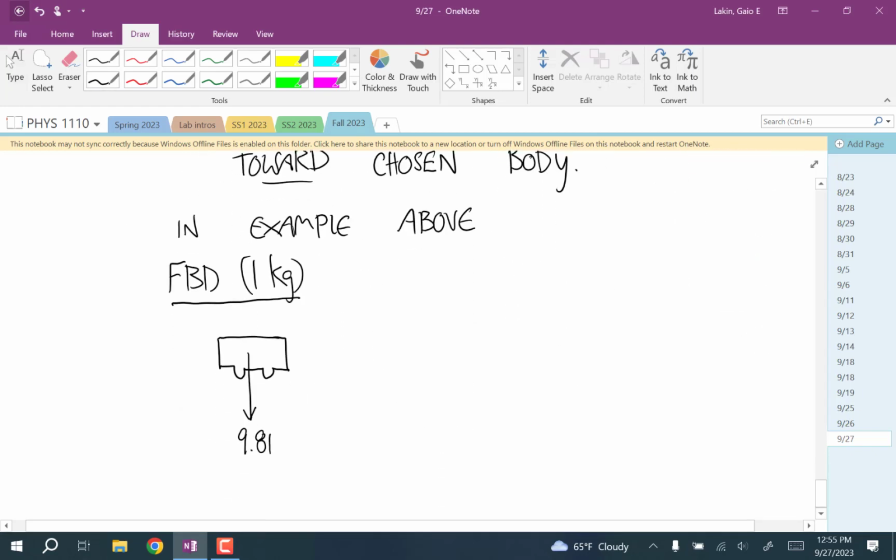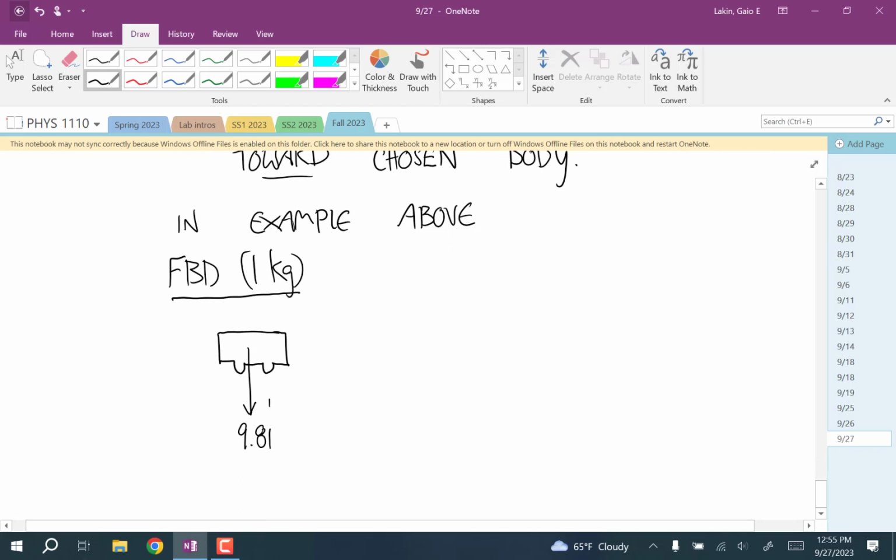Perpendicular to that is either up or down. A vector only has a single direction. We want toward the chosen body, so we want up. I'm going to label this capital N for now. I'll tell you why later.